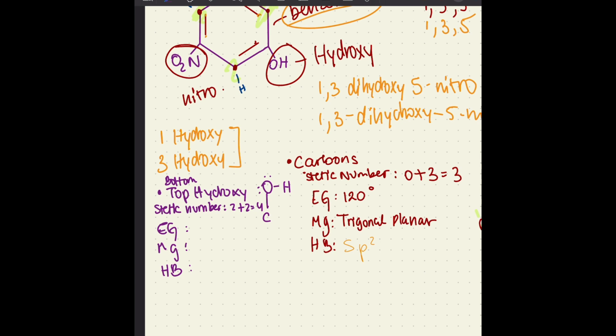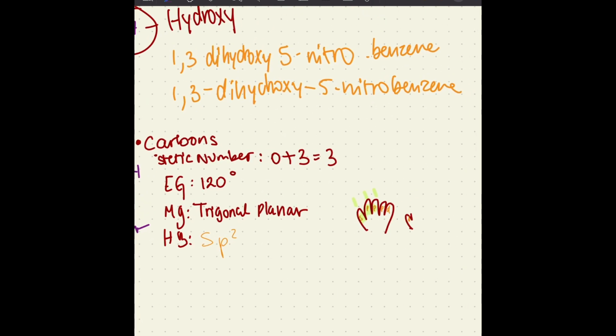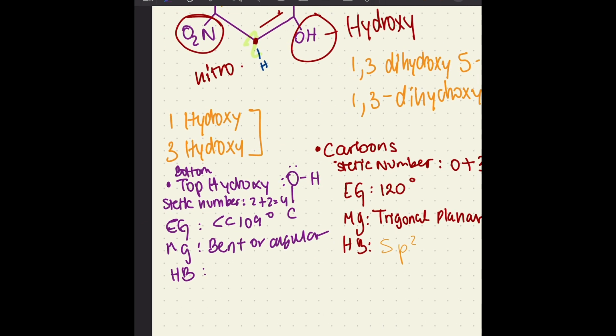It's going to be less than 109, and the molecular geometry is bent or angular. For hybridization, we go again with the hand. That's 4, so it's another p, so it's sp3.